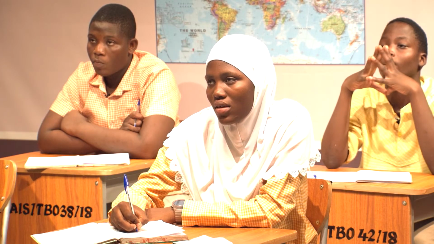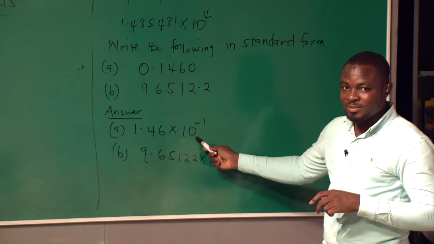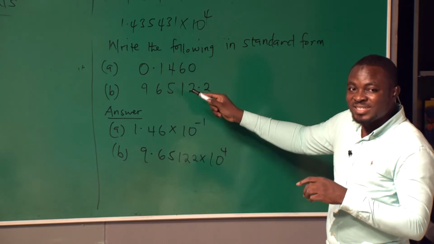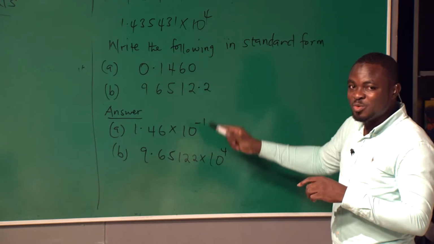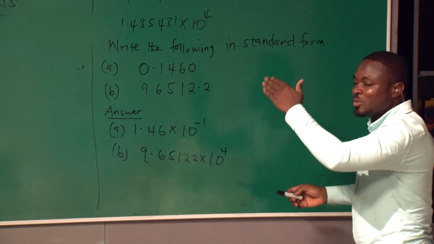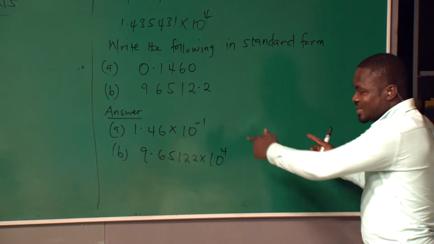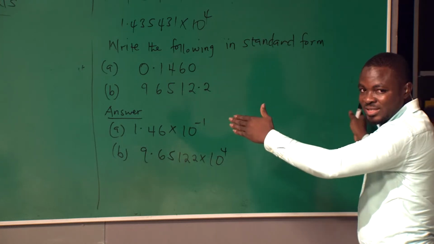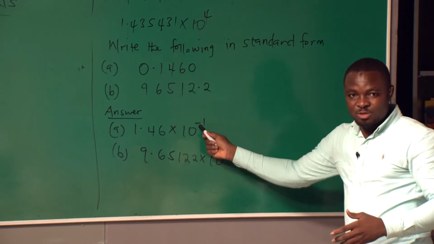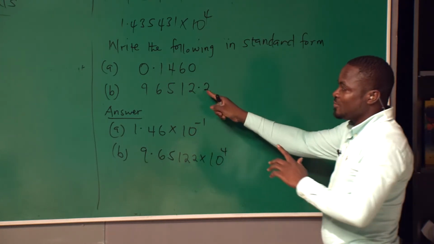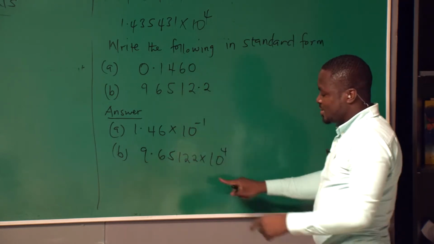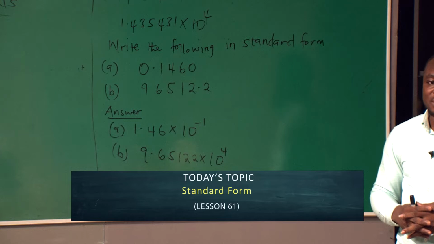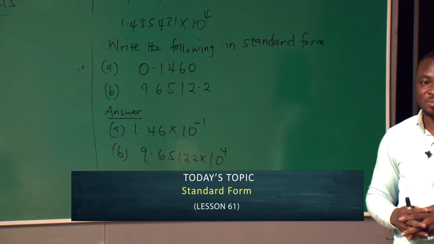Is it not possible to write the -1, or is it possible to write the 1? It's possible, depending on direction. If you are moving from left to right, the power becomes negative. But if you are going from right to the left, then the power is positive. It's always possible to write the power, depending on whichever direction you are counting from.